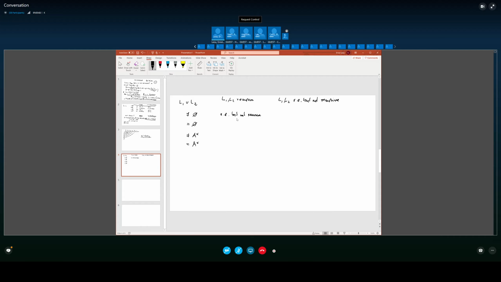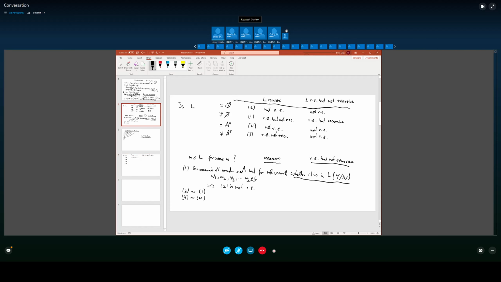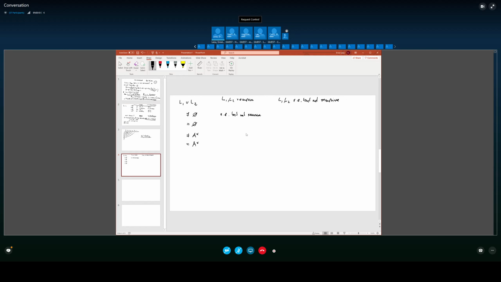By the same token, of course, we immediately then can see that the corresponding complement is not RE.